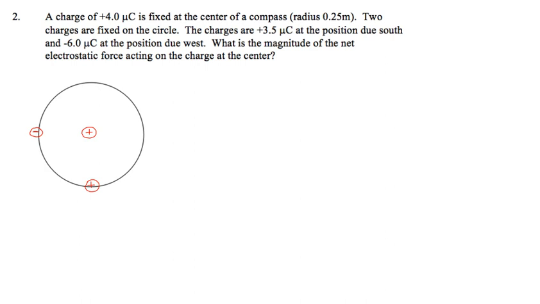So these two right here are opposite charges, so they're going to be attracted to each other. So whatever force is on this one is going to be in this direction. All right, so that's the direction of the force on that one.